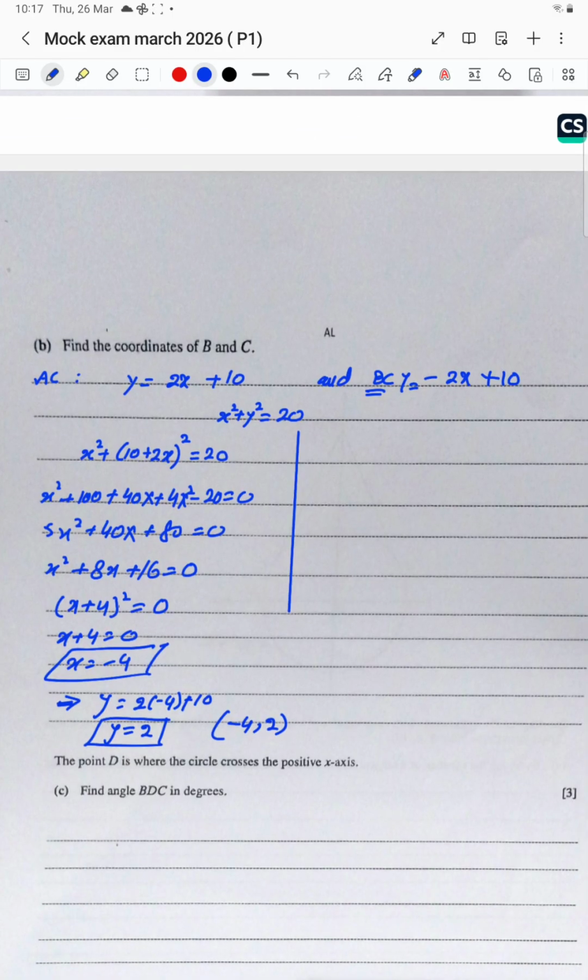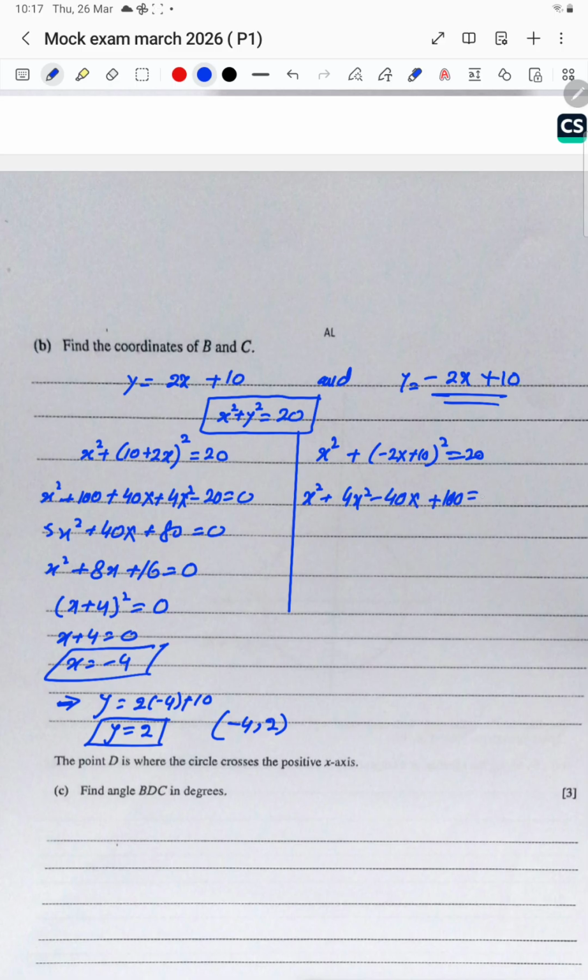Fine. And similarly for the other case, for the other value, I'm just writing y equal to mx plus c. When we place this value of y in the circle, I will get x square plus minus 2x plus 10 whole square is equal to 20, x square plus 4x square minus 40x plus 100 equal to 20.